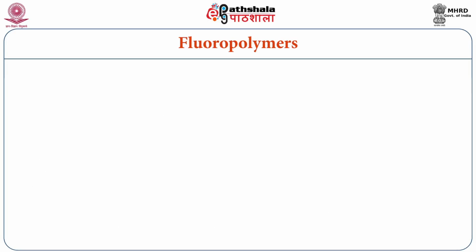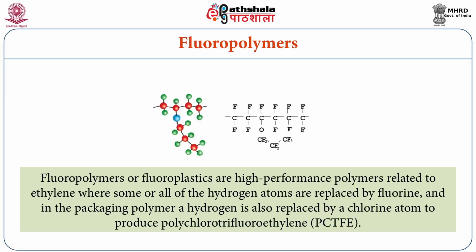Fluoropolymers. Fluoropolymers or fluoroplastics are high performance polymers related to ethylene, where some or all of the hydrogen atoms are replaced by fluorine. And in the packaging polymer, a hydrogen is also replaced by a chlorine atom to produce polychlorotrifluoroethylene.